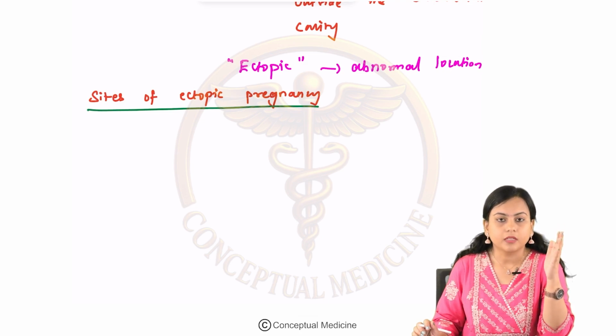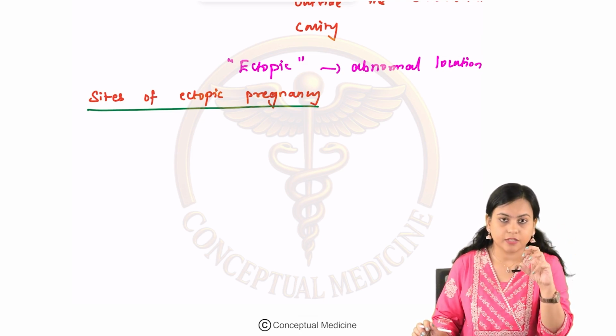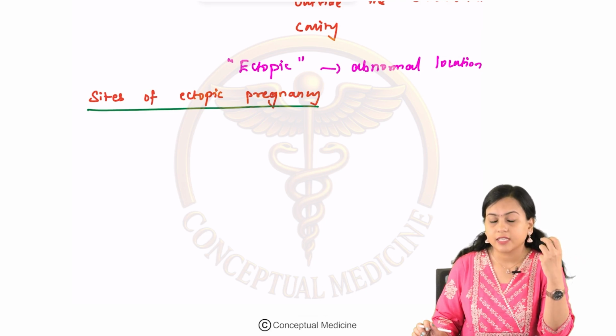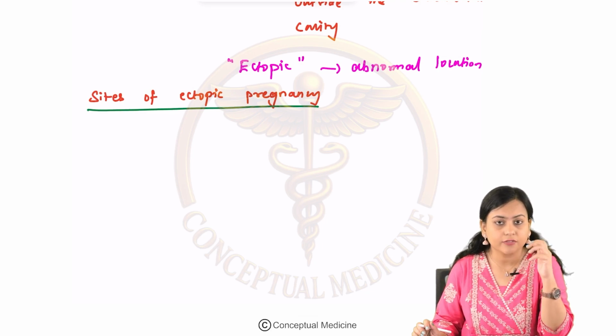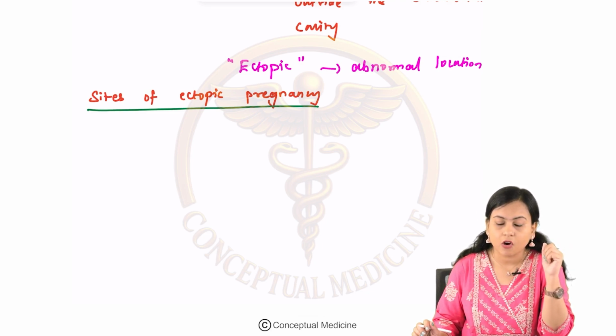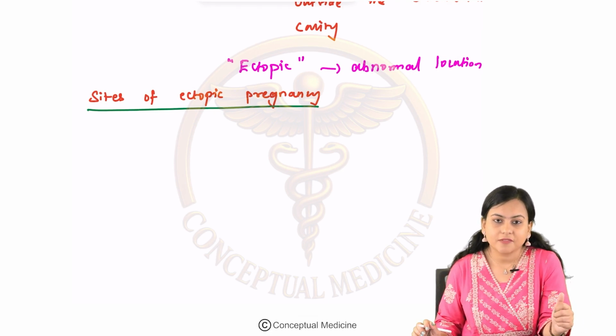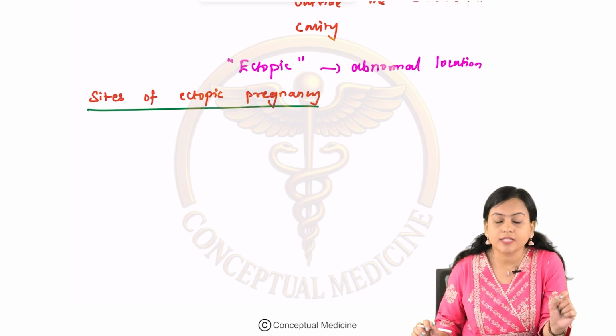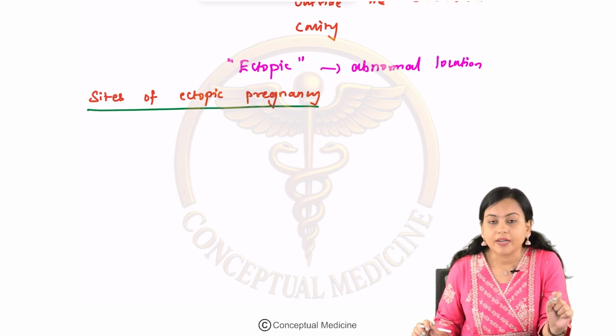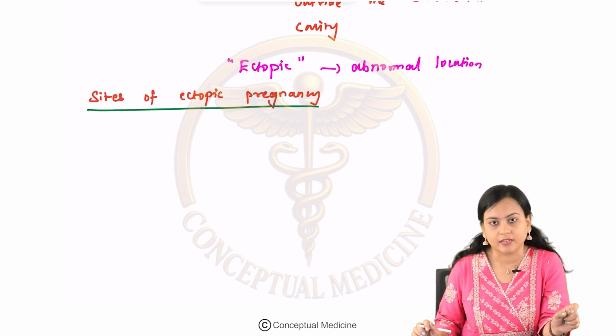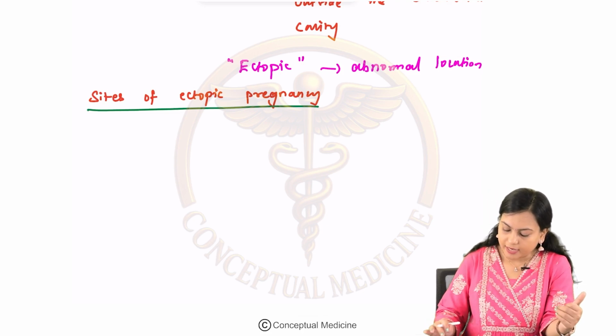For example, it can be in the adnexa, that is, in the tubes or in the ovaries, or it can be in the cervix, or in the cesarean section scar, if she had a previous history of cesarean section or any scar. Cesarean section scar pregnancy is commonly seen, and it can also be an abdominal pregnancy. Yes, and remember there can also be heterotopic pregnancy. What is heterotopic pregnancy? A pregnancy in which both the normal and an ectopic pregnancy are seen. Clear?